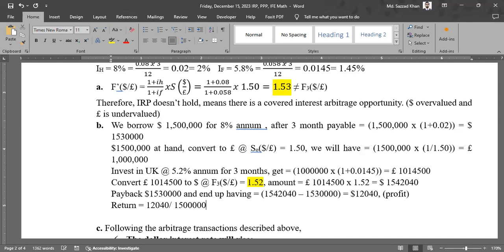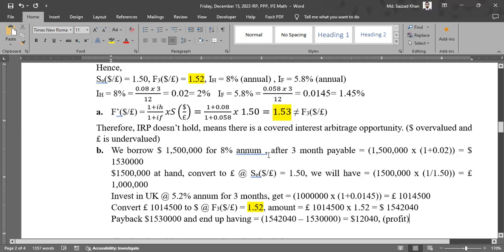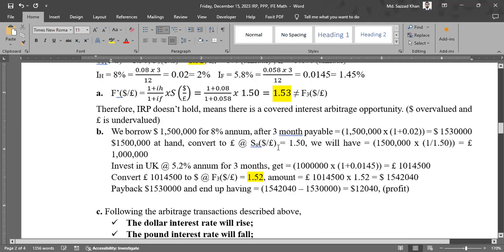Okay, you will get a return. You don't need to calculate it right now, because the question hasn't asked us to do it. Okay, number 3 is done.